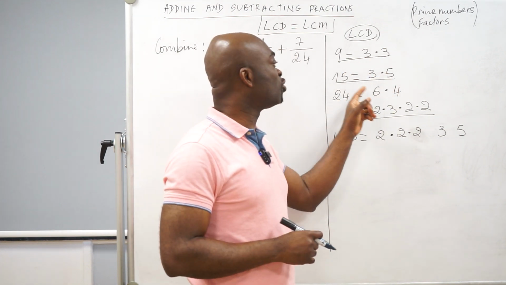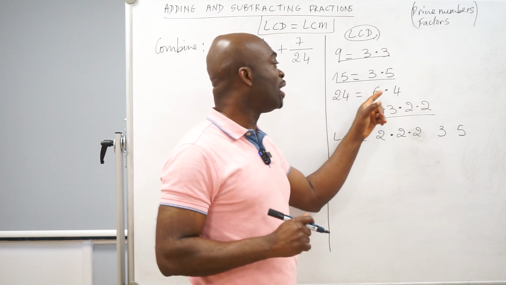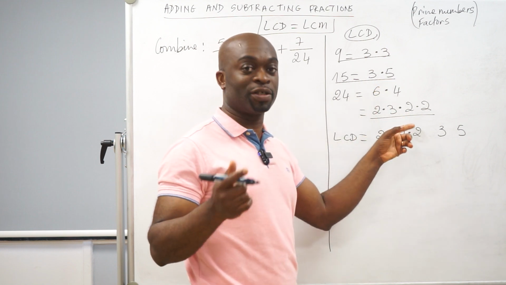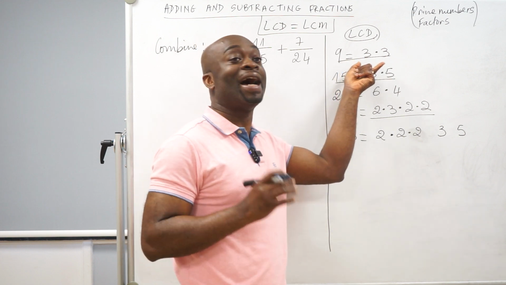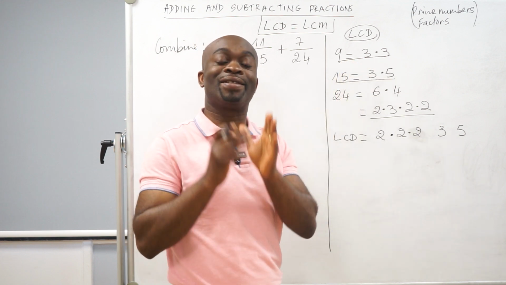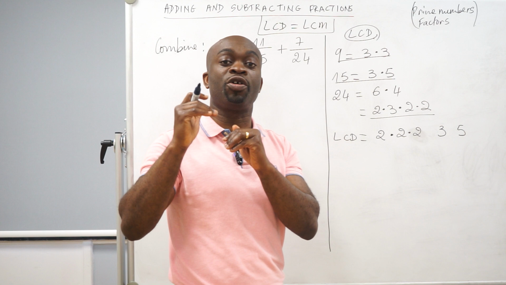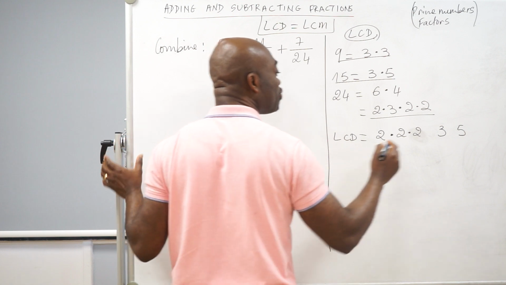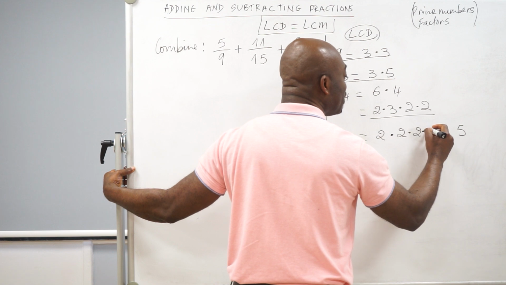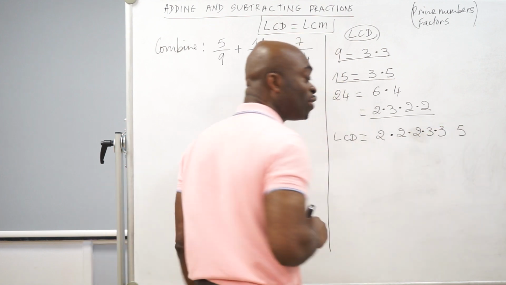Twice. How many times do we have 3 here? 0 times. How many times do we have 3 here? Once. So we're going to take 3 twice, because this is the highest number of times. We always take the highest number of times it occurs in one of the denominators. That's it. So we're going to take 3 twice, so this will be 3 by 3.